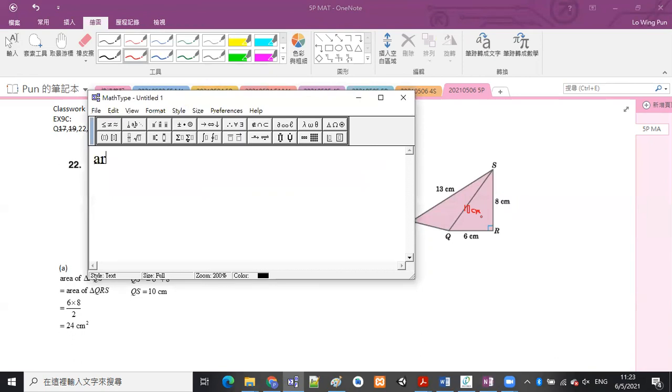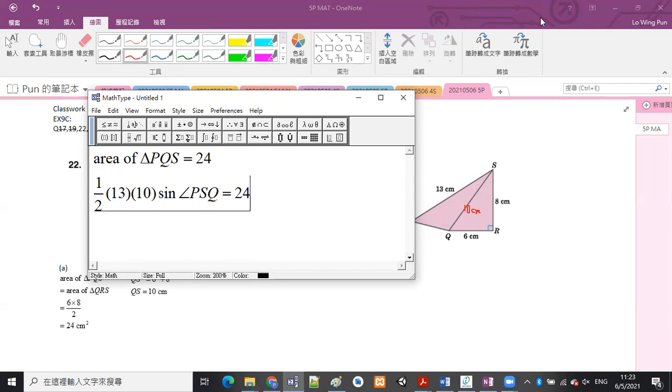Okay, so the area of triangle PQS has been found to be 24, right? And then we just express the area of triangle PQS as 1/2 times A times B times sine angle C. Angle C should be angle PSQ is equal to 24.